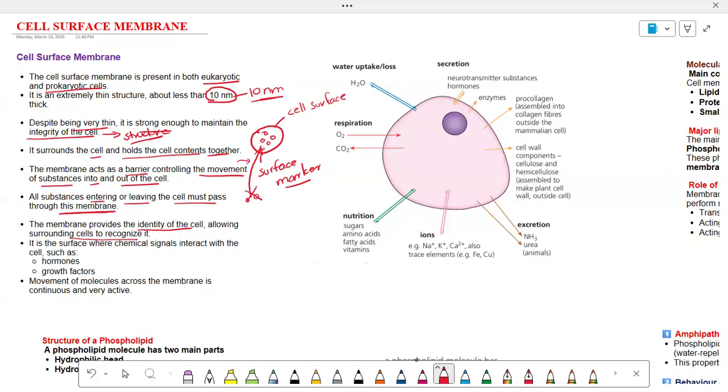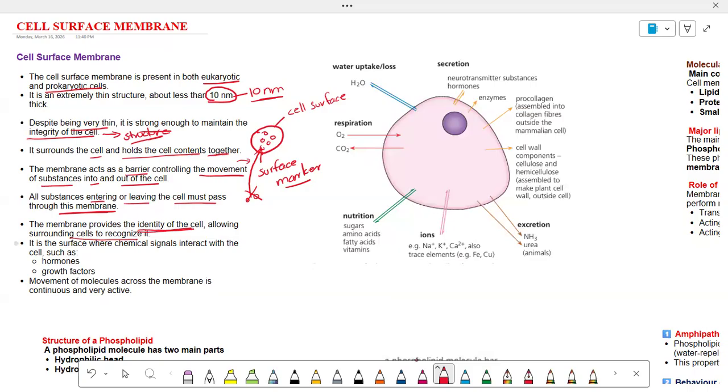If the surface markers identify the cells as the body's own, then the immune system will not attack these cells. So that's why it provides the identity of the cell.